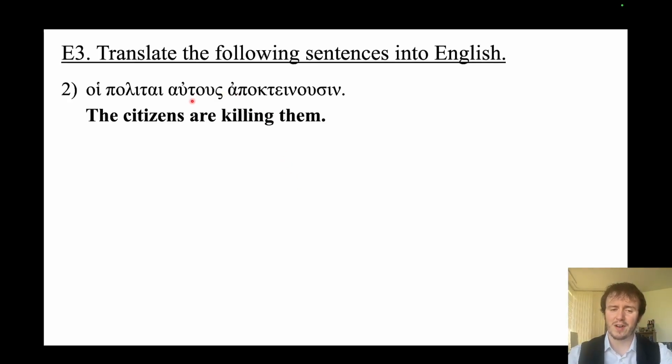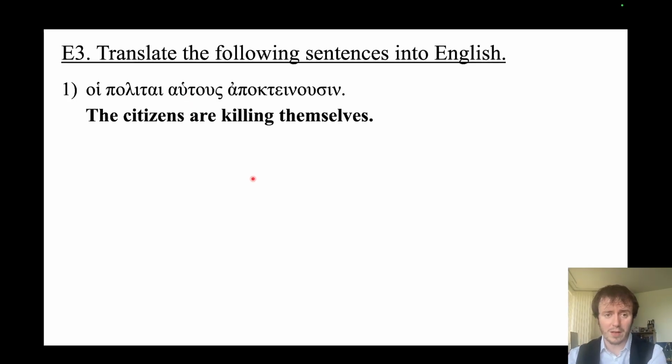Here we have one of the uses of αὐτος. In particular, we've got the third use where it's used on its own as a pronoun. It's not agreeing with politai. Politai is masculine nominative plural, and so it's being used on its own as a noun, and it's meaning them. Since it's masculine and plural, we would say them. The citizens are killing them, and that them is someone other than the citizens.